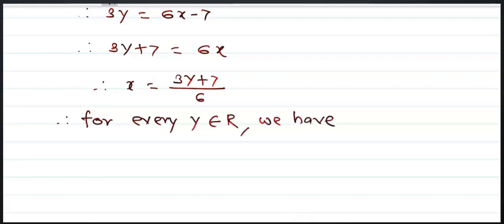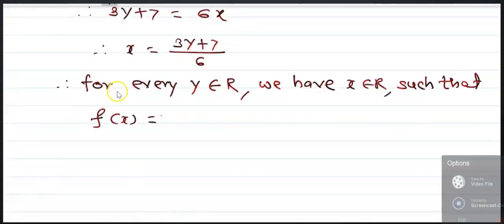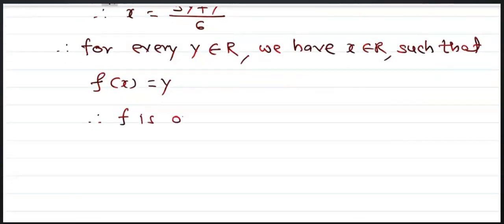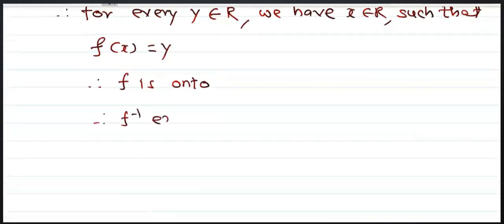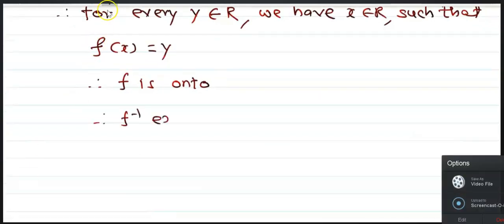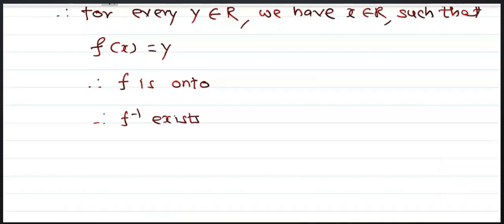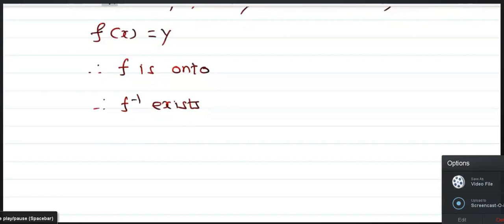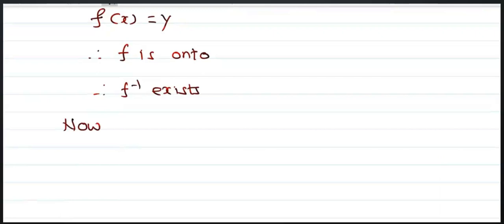Therefore, for every y in R, we have x in R such that f of x is equal to y. This is the definition of onto. Therefore, f is onto. Therefore, f is one-one as well as onto, and hence f inverse exists.